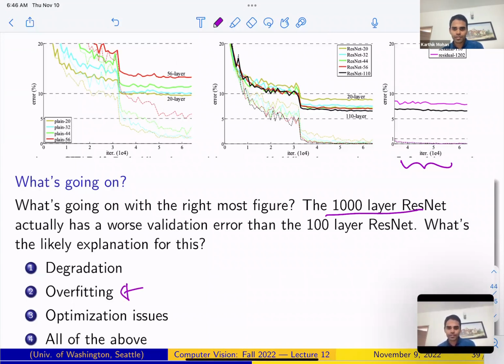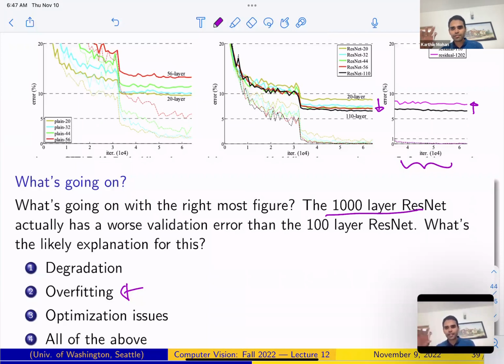Your train error is low, but your validation error has actually gone up, right? Here with all these other models, your train error is going down, and your validation error is also going down. But here it has flipped. Your validation error has actually gone up, even though your train error has gone down.